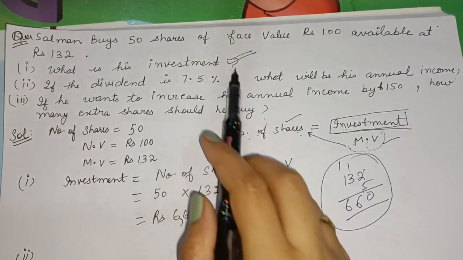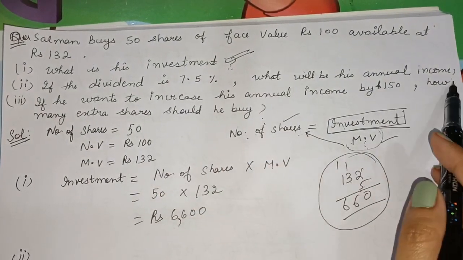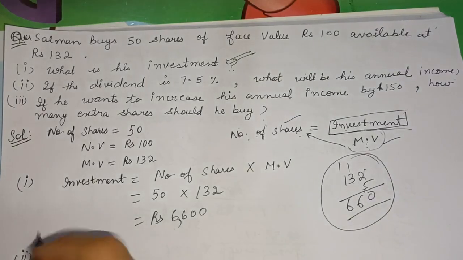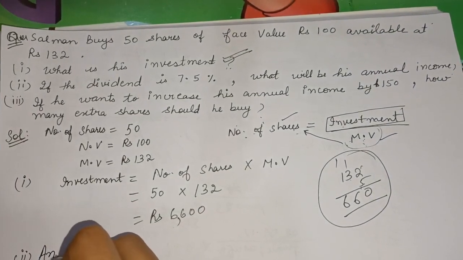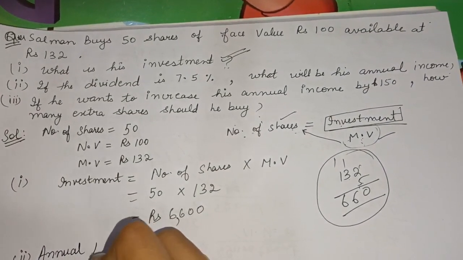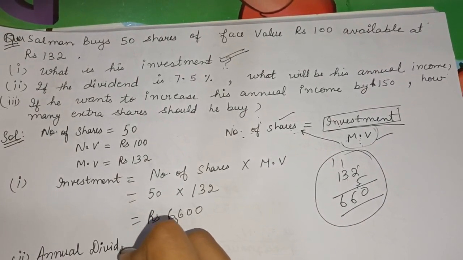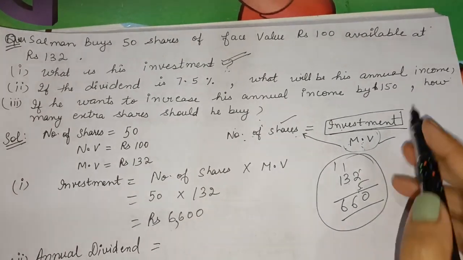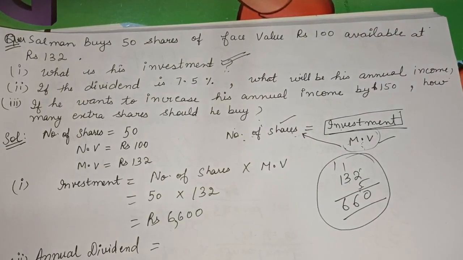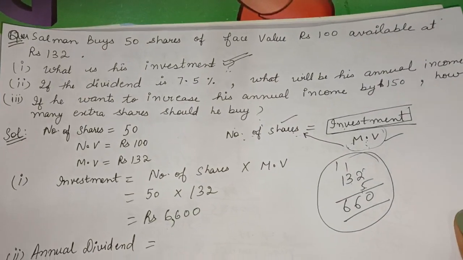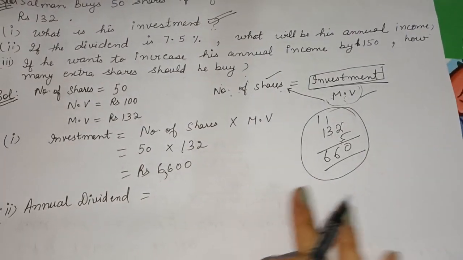So again, dividend percentage is given to us, and they are asking for annual income. So a direct formula is there. Annual income means annual dividend or return or profit. So many times we have done this. Dividend, income, profit, return, all words are the same.